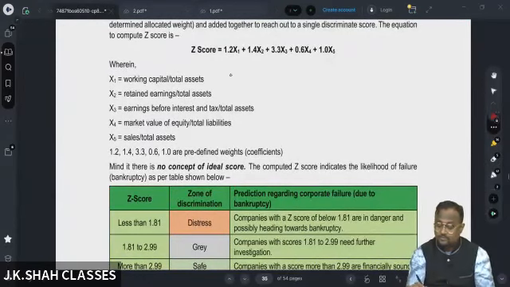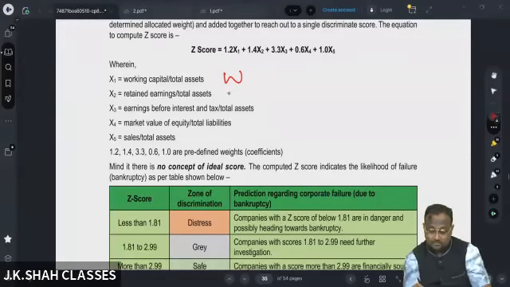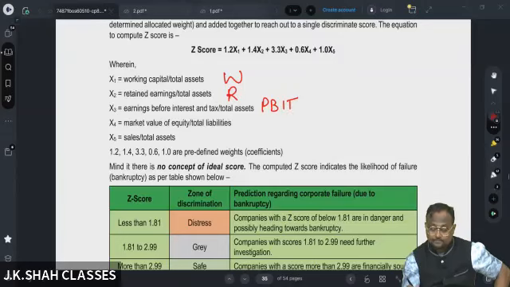Working capital is the first one. Retained earnings, earning before interest and tax, market value of equity, and sales.